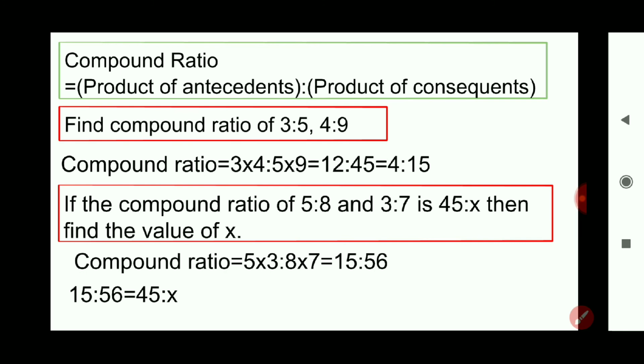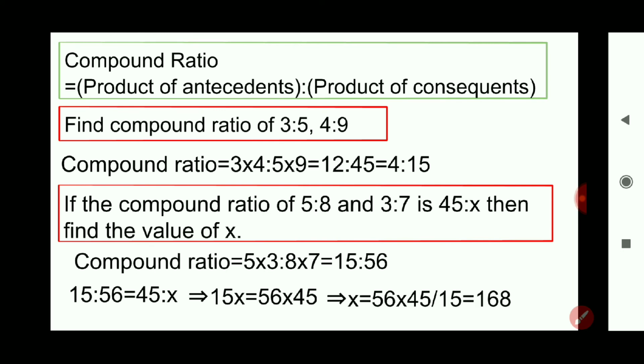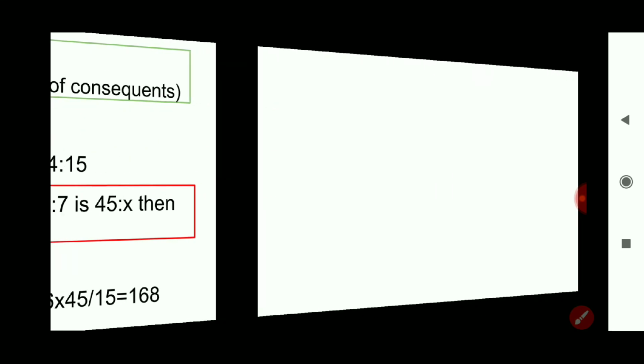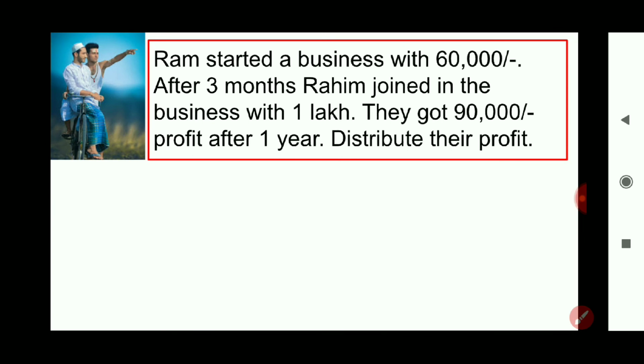Observe here, it is a proportion because two ratios are equal. In proportion, we know that product of extremes is equal to product of means. That means 15 into x is equal to 56 into 45. Now x is 56 into 45 by 15. That is 168.